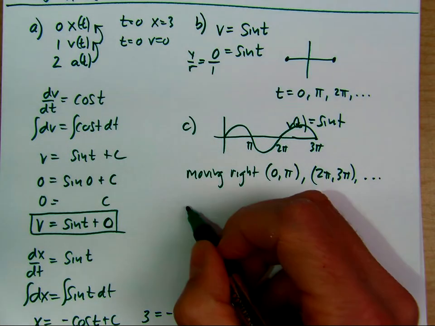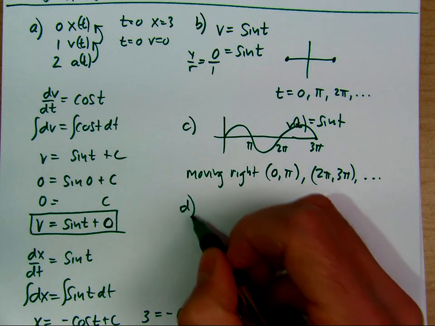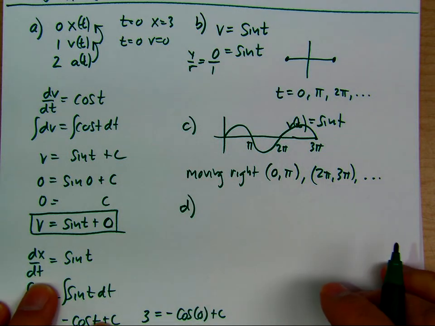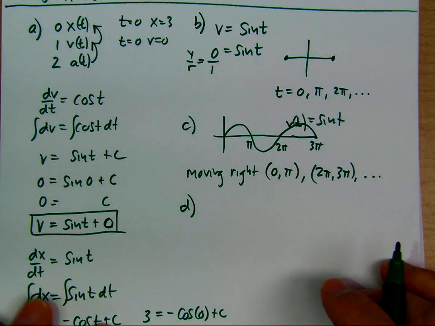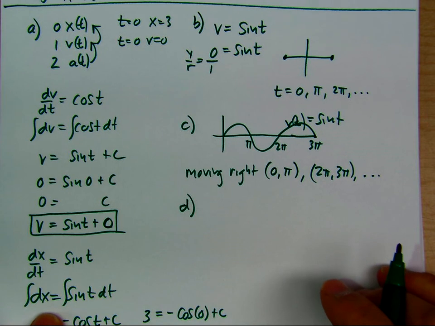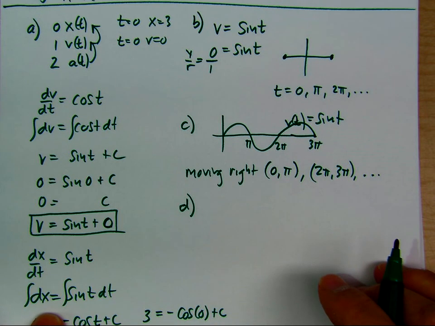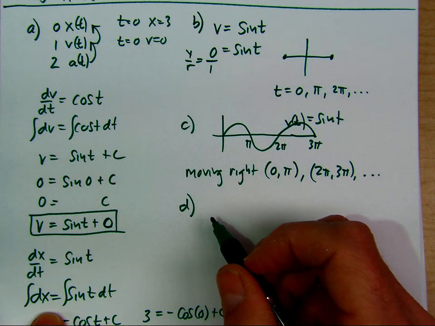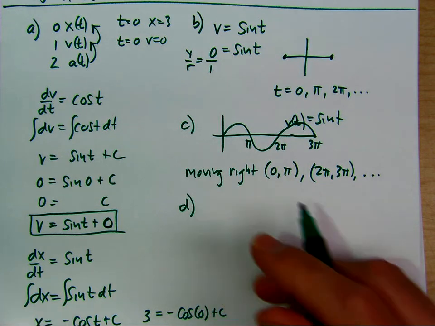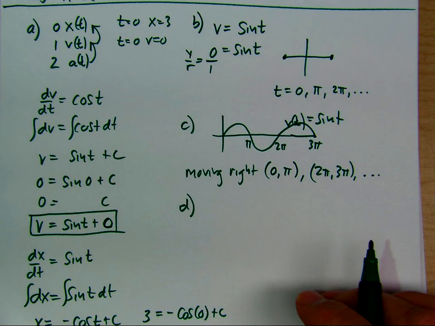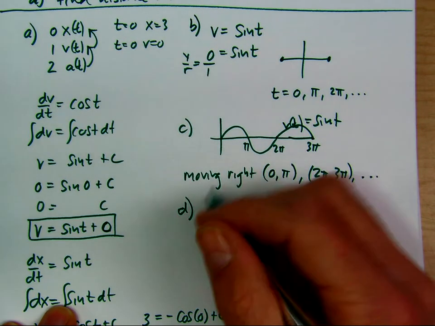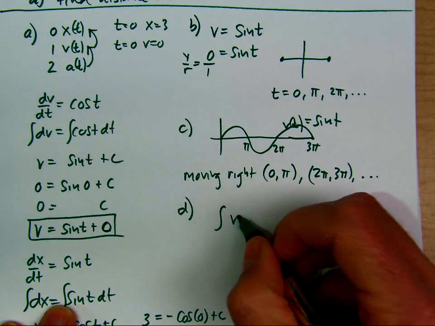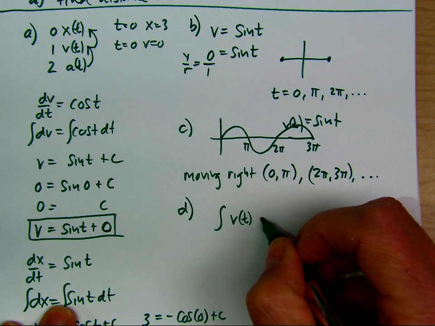And then we'll go to part D, find the distance traveled at t equals 3. Okay. Distance traveled is the integral of velocity from 0 to 3.